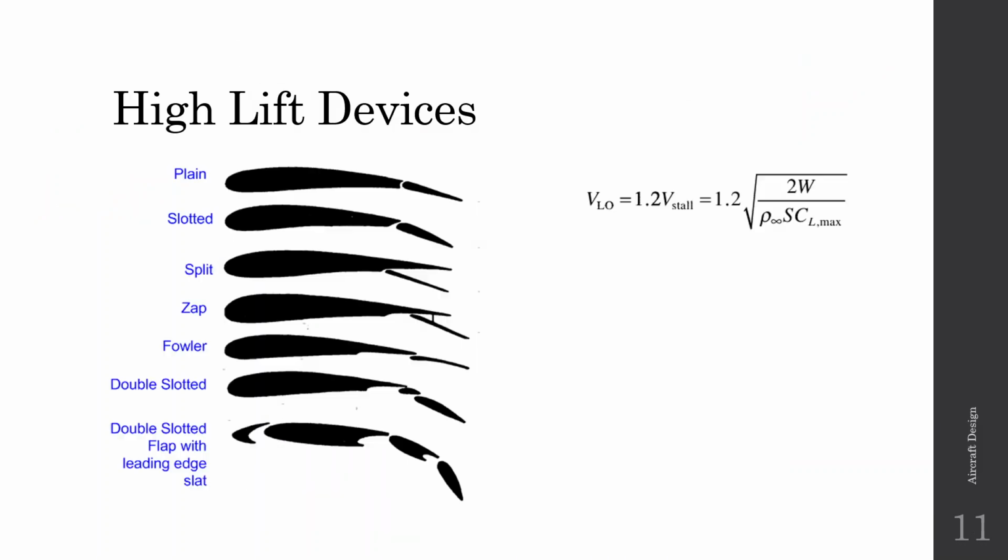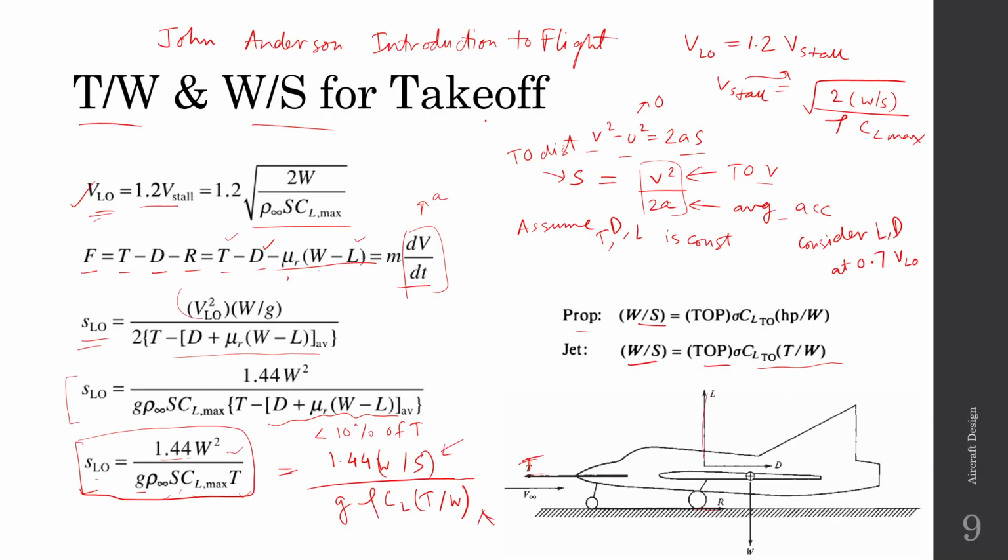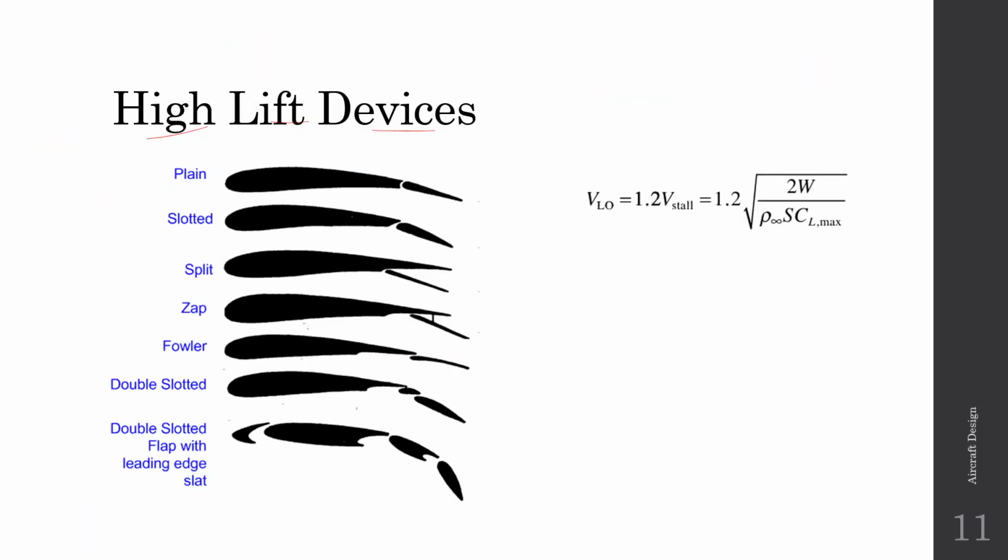Then moving on, now we'll discuss high lift devices. What you can see from the previous expression is that the takeoff distance is inversely proportional to CL max, which means that if we increase CL max, we can reduce the takeoff distance.